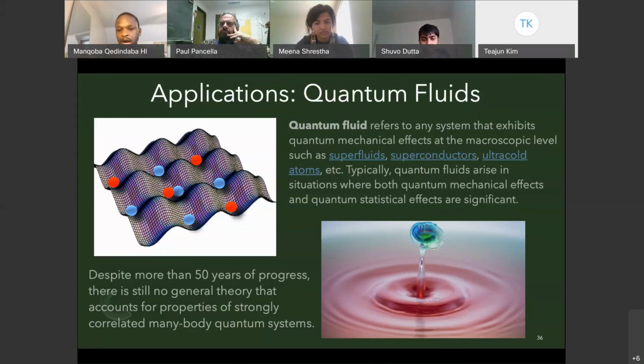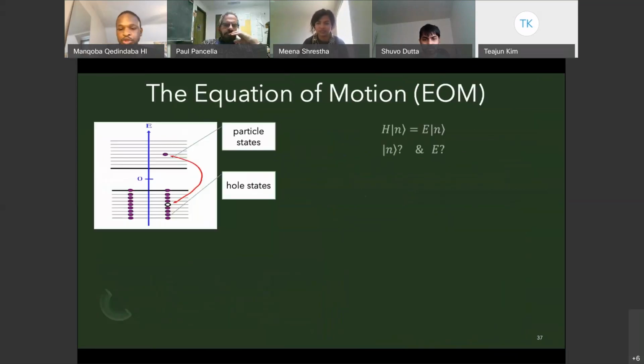I would like to briefly convince you that there is one good candidate, and that is called the equation of motion. I'll be very quick so that I can get to the fun part of quantum computation.